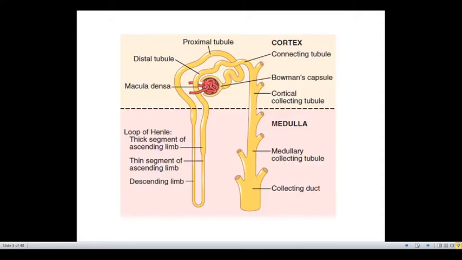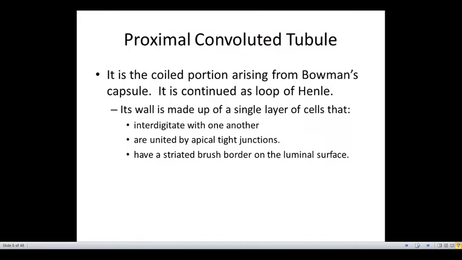This figure shows the basic tubular segments of the nephron. Let's now study the different parts of renal tubule one by one.